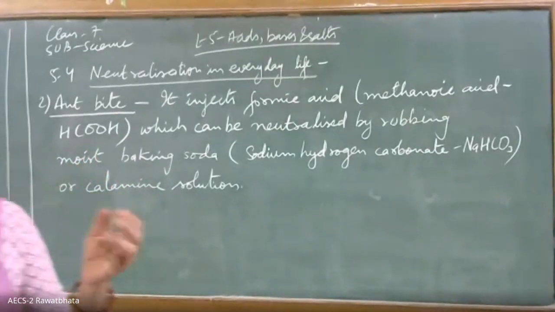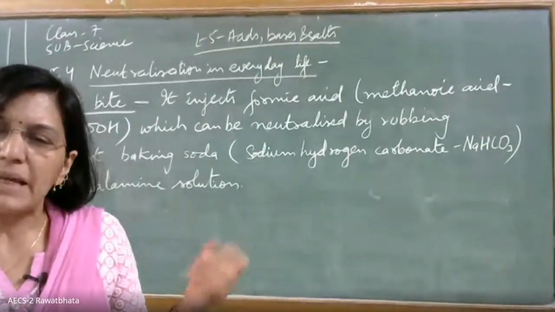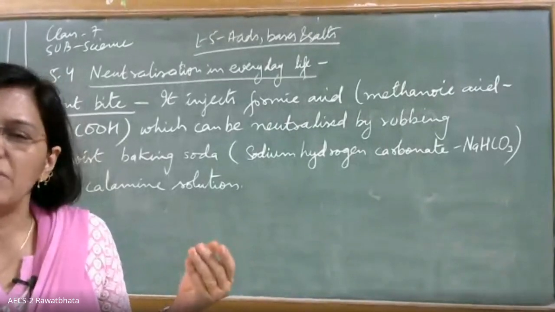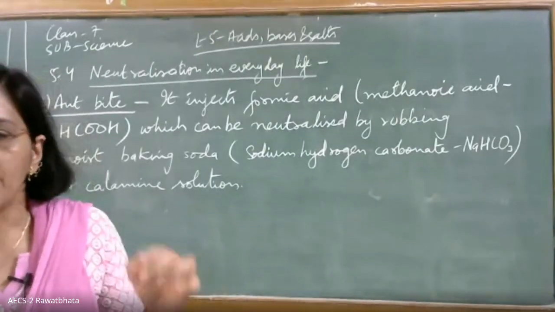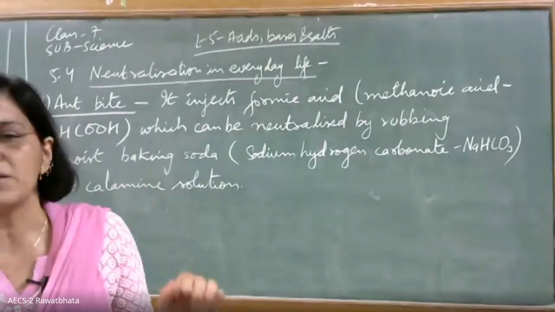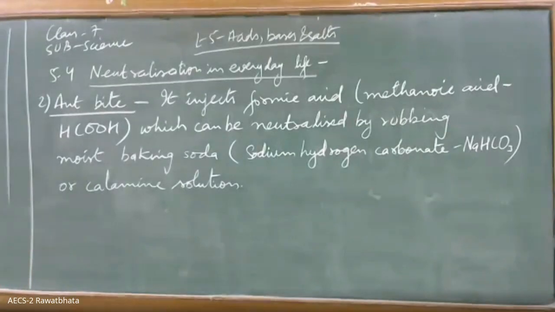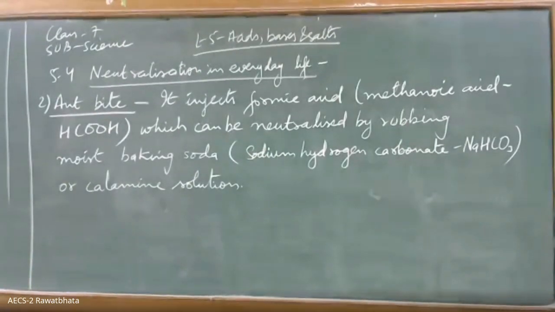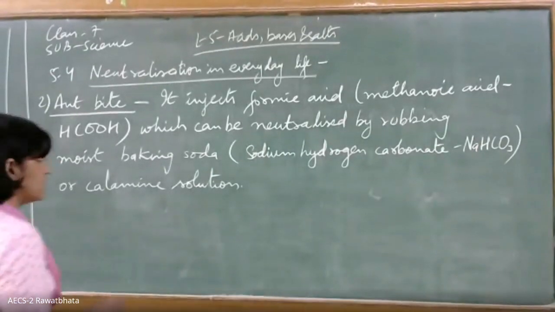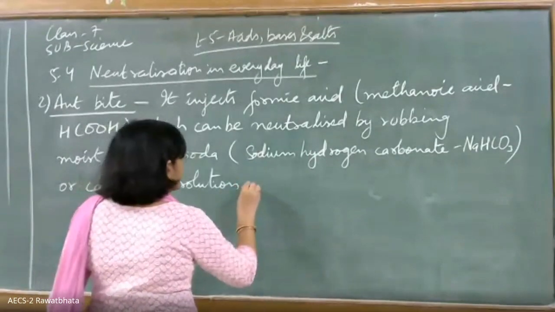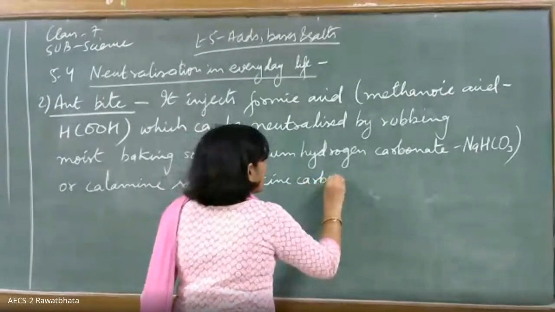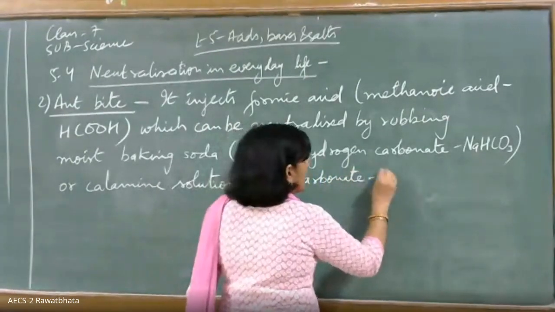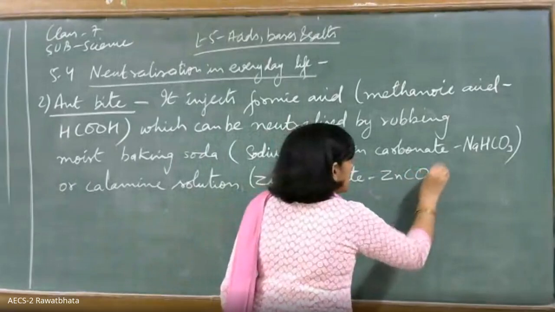In that there will be a paste-like, cool thing that comes out, and its color is generally like that of mud, a light brownish color. If that is applied on the skin, it makes it cooler. And calamine, of course, contains another carbonate, that is zinc carbonate, and the formula of zinc carbonate is ZnCO3.